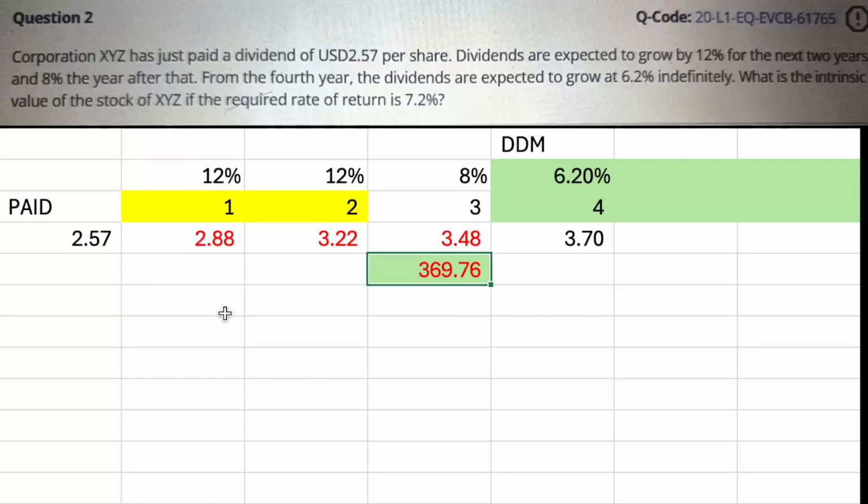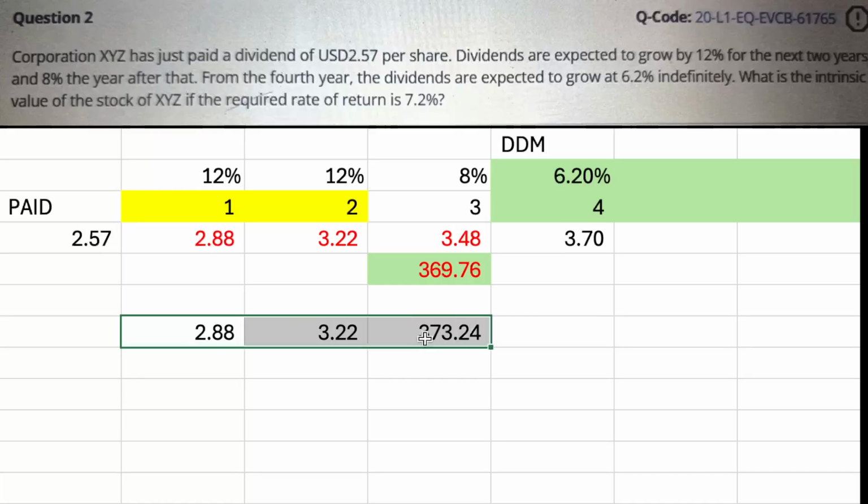Therefore, we need to compute the present value for year 1, year 2, and also year 3, which is the total of year 3 dividends plus all the future dividends from year 4 onwards.